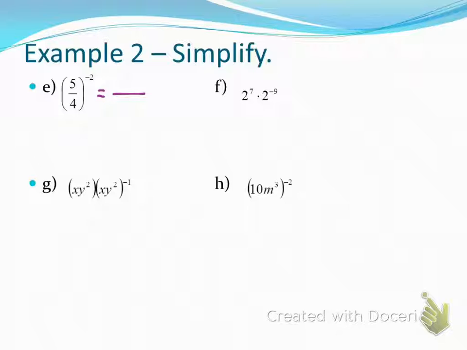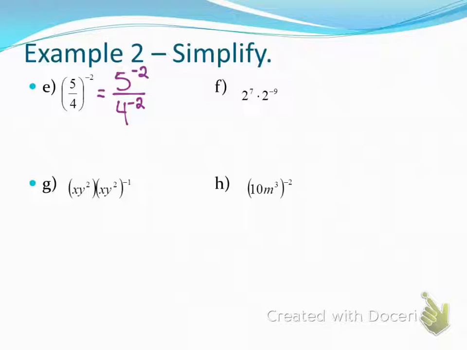To get rid of those parentheses, I need to give that exponent to both the numerator and the denominator. So 5 gets a negative second power, and 4 gets a negative second power. Anything in those parentheses would get the power outside of it.